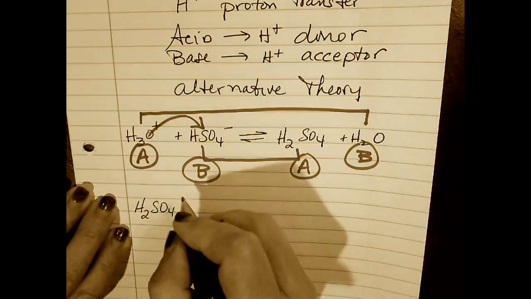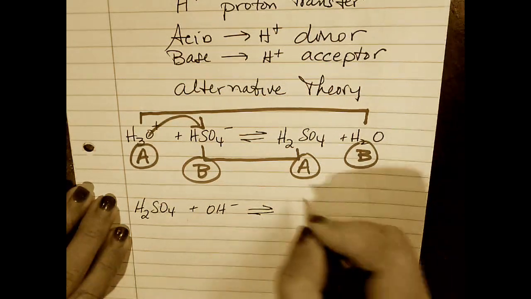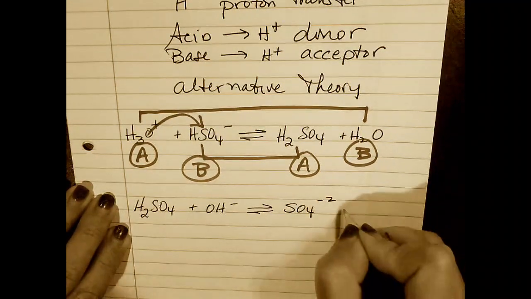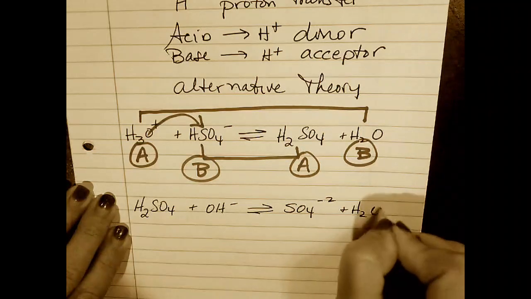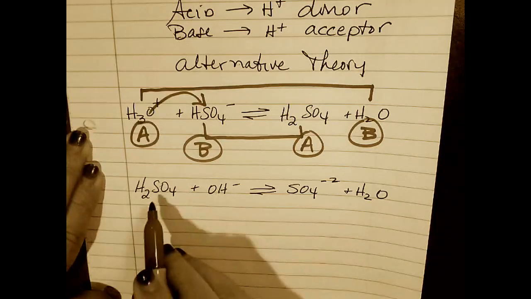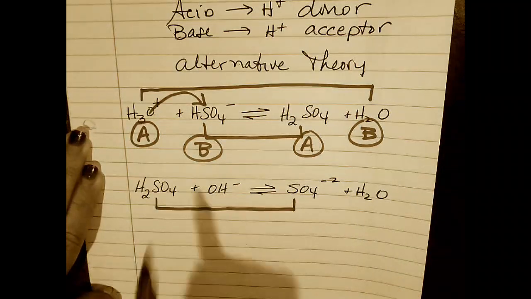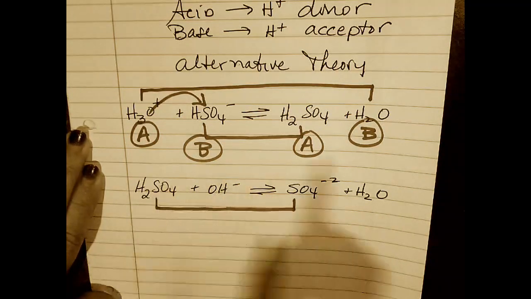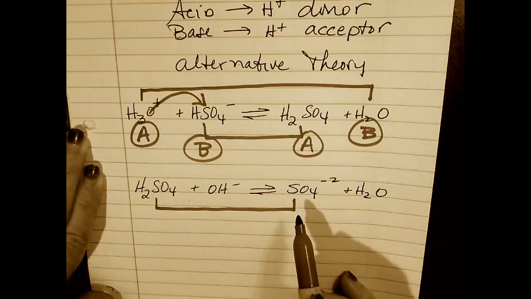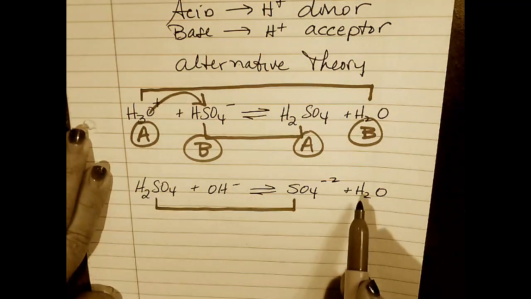H2SO4, which is sulfuric acid, plus OH minus, in equilibrium with SO4 2 minus plus H2O. Link the similar pairs across the arrow. This is H2SO4, this is just SO4. And then OH minus and H2O.